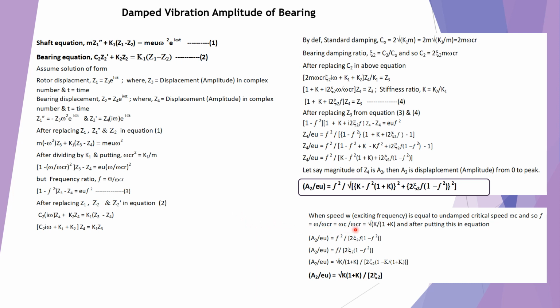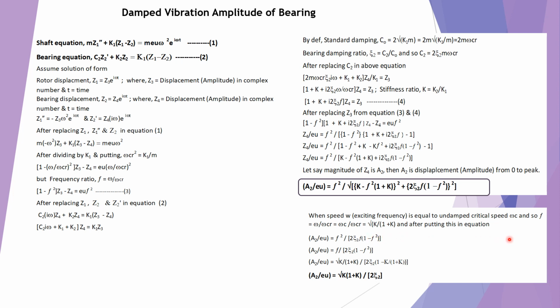When speed omega is equal to the undamped critical speed omega CR, f is equal to omega C by omega CR, which can be written as the square root of K upon (1 plus K).